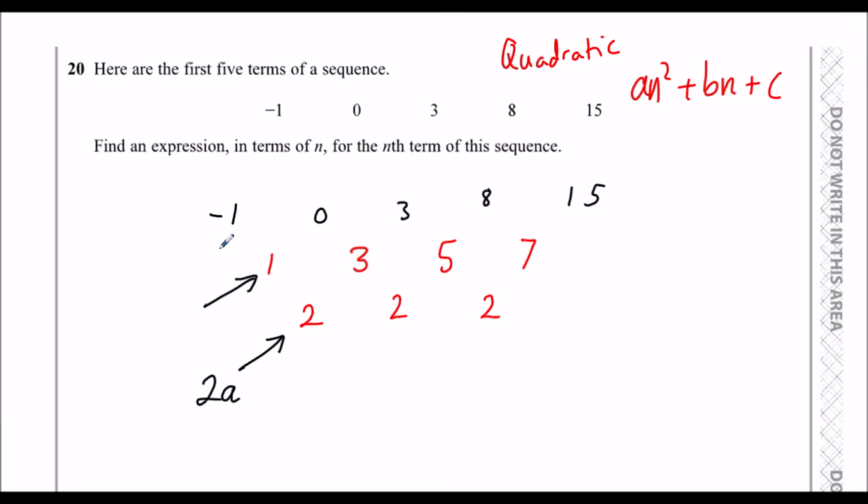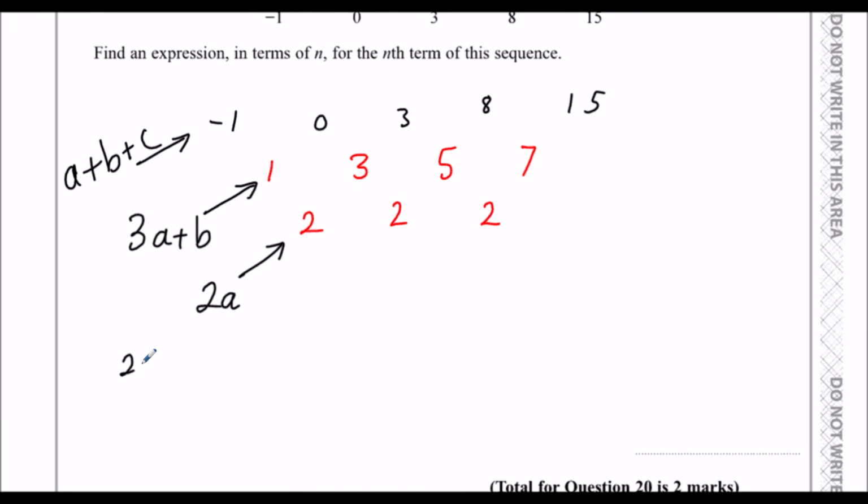This difference between the first and second terms is 3a plus b. And this -1 is a plus b plus c. So 2a equals 2. We can solve these equations now. 2a equals 2. Halve both sides. A must be 1.